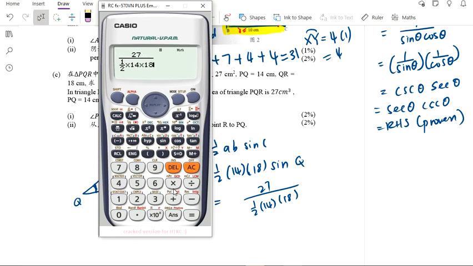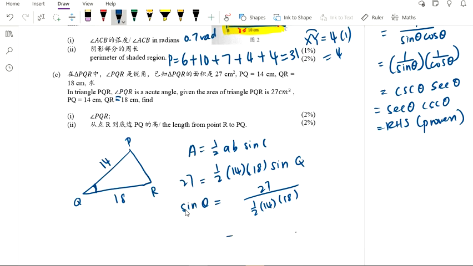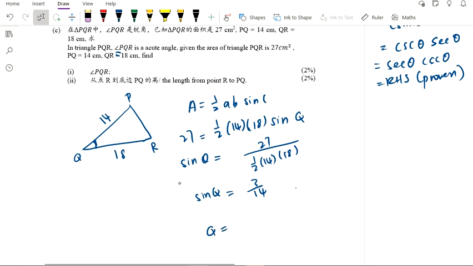It's 3/14. So Q should be the arc sine of 3/14.